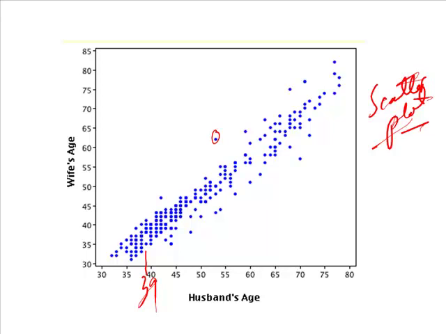Like, wife is 63, husband is 53. How much money does she have? How's her health? It just seems out of our expectation. And that's where I'm going with this, is that we very frequently have expectations when we think about relationships between two variables.